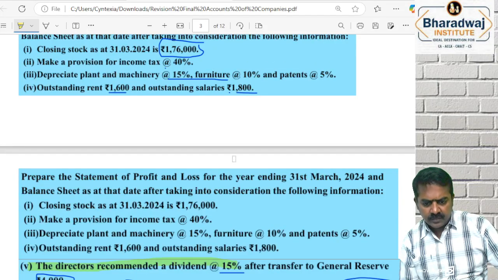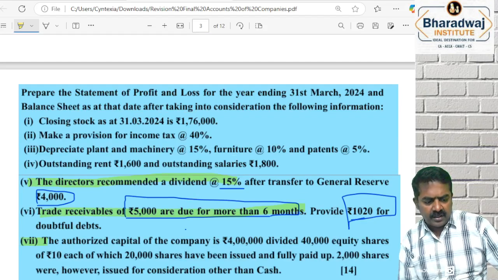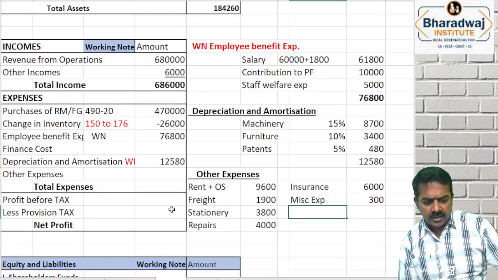Provision for bad debts, sir. Yes, provide 1,020 for doubtful debts, they have given.